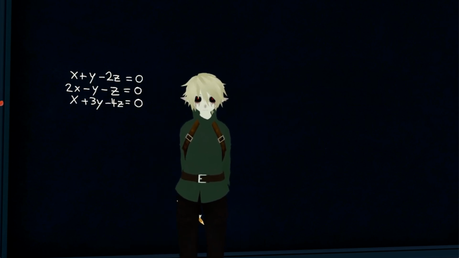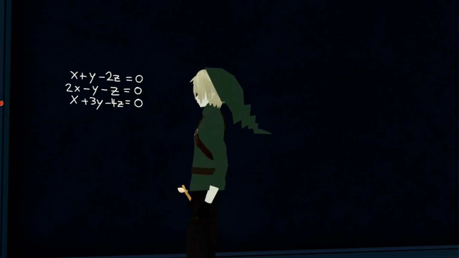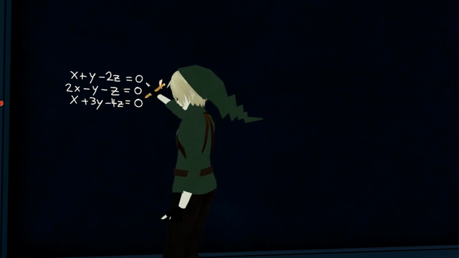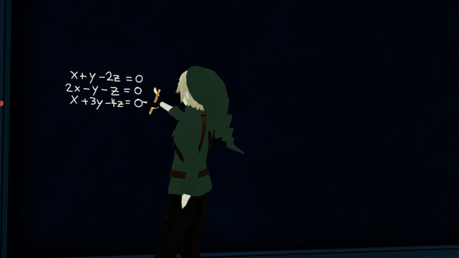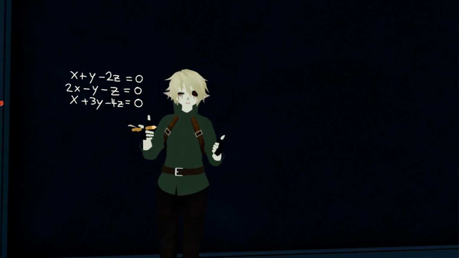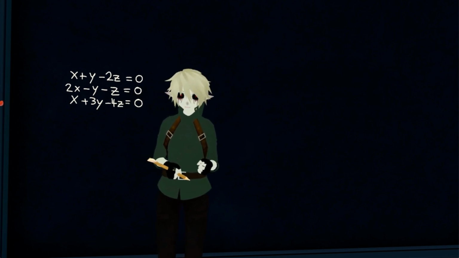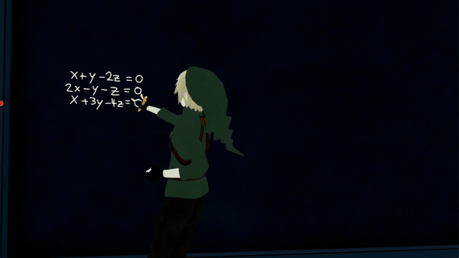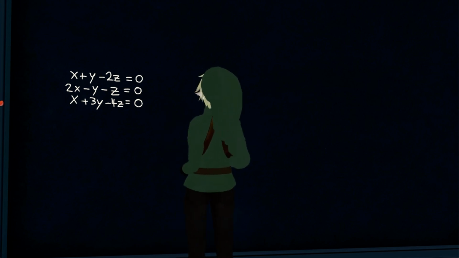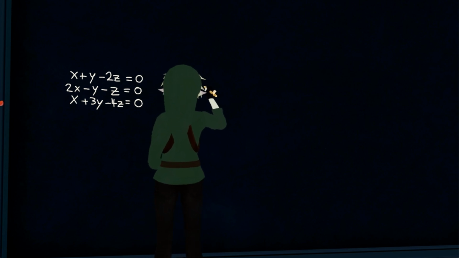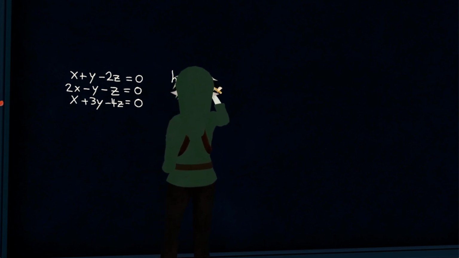Now, sometimes we have a system where the numbers here are all zeros. They're all just a bunch of zeros. So what does that mean? We say that the system is homogeneous. Chemistry people call it homogeneous, but I actually don't know how it's pronounced.